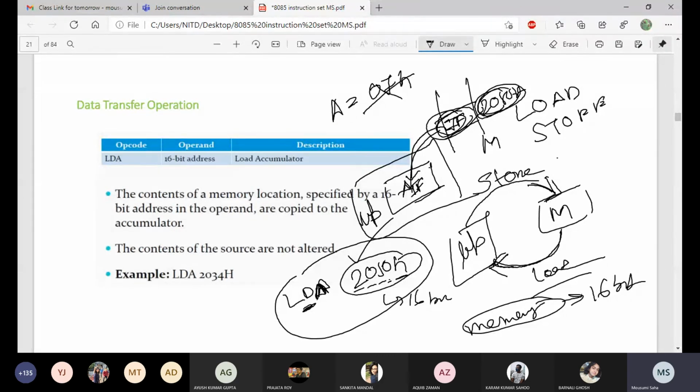Okay, so 2050H is the memory address in this instruction. From this location, the content, 7FH, or whatever it is, will be stored into the accumulator. Clear? Load instruction, is it clear?